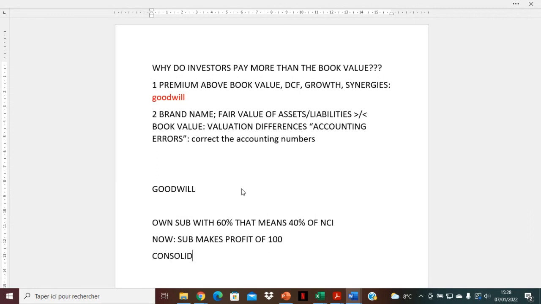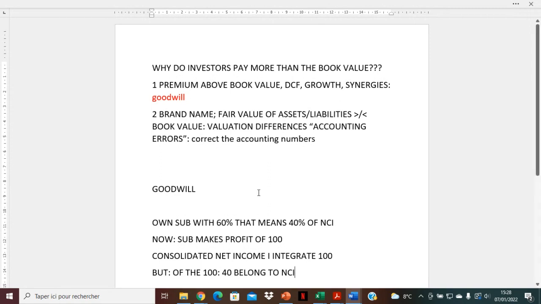So in the consolidated net income, I integrate 100. But of the 100, actually 40 belong to NCI.